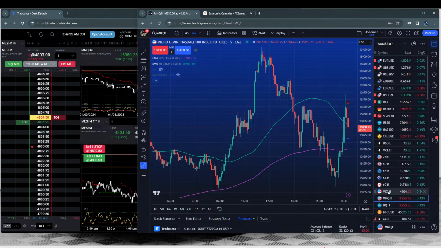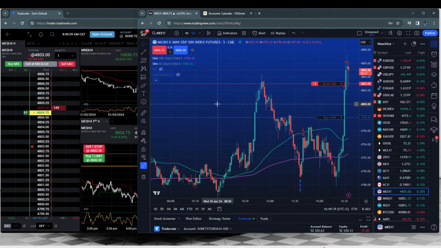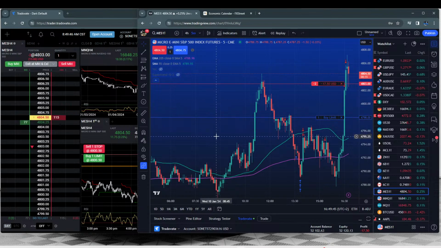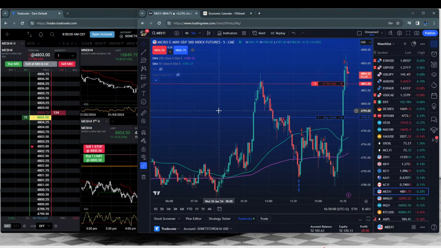S&P isn't coming off. I think markets will hover up and down around 4800 before CPI tomorrow. What do you think, guys?